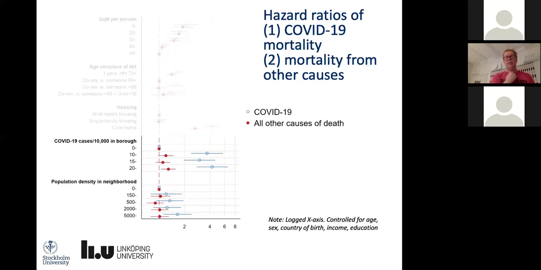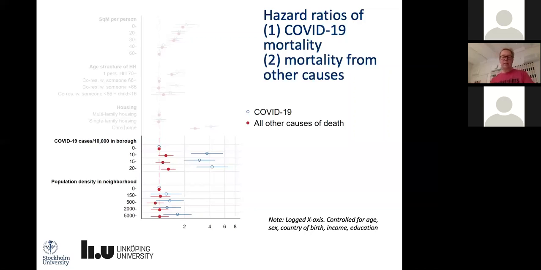And then with the local contextual factors, if we start with the lower one, population density in the neighborhood, it doesn't seem to make such a huge difference. There's no effect on general mortality.